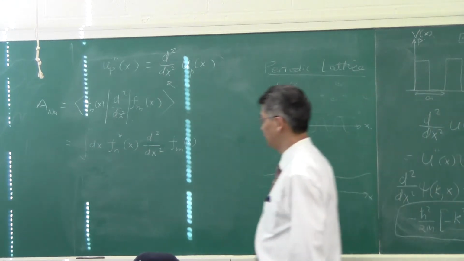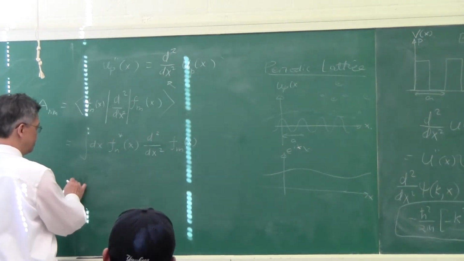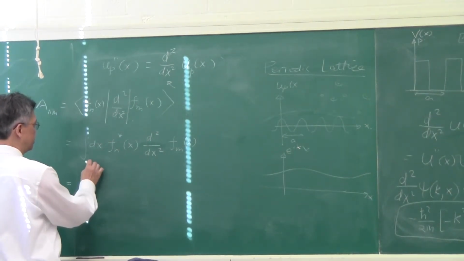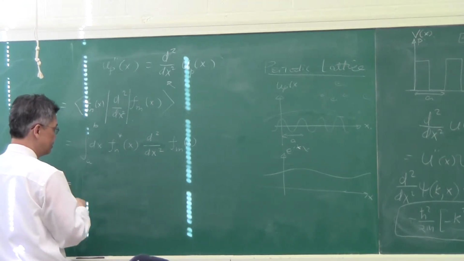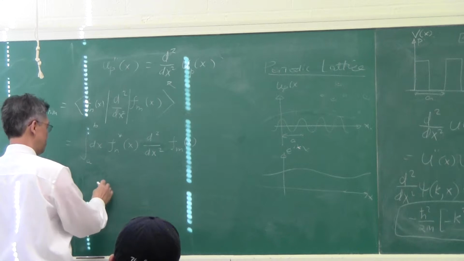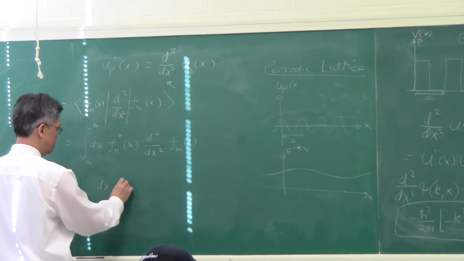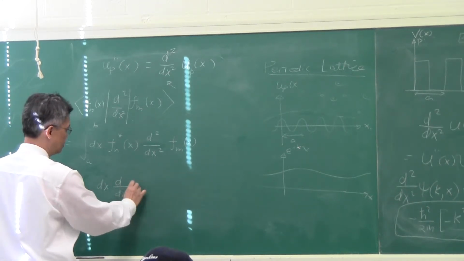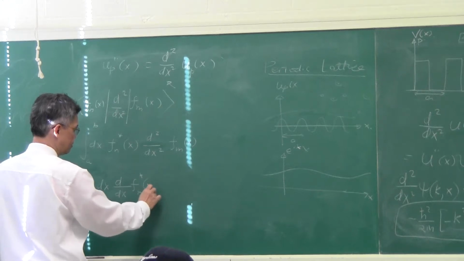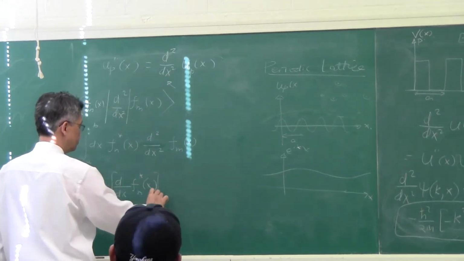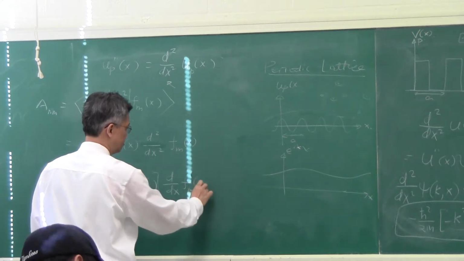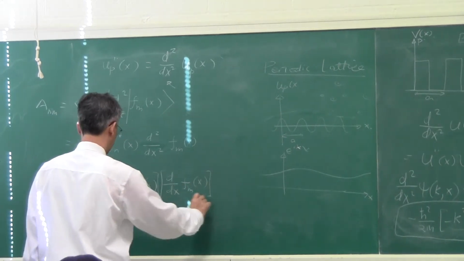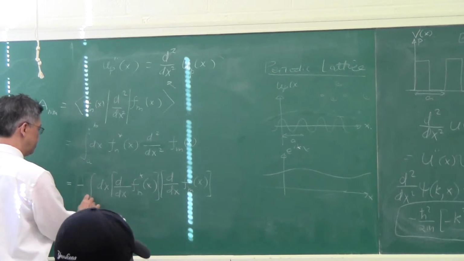If we do integration by parts on this, integrating over the support of the function, then we get d/dx f_n*(x) d/dx f_m(x) with a minus sign out front.